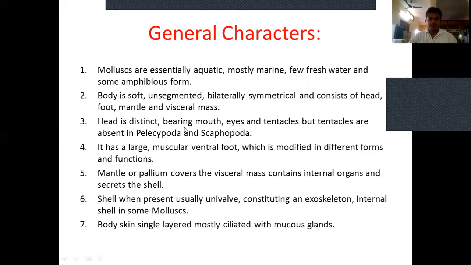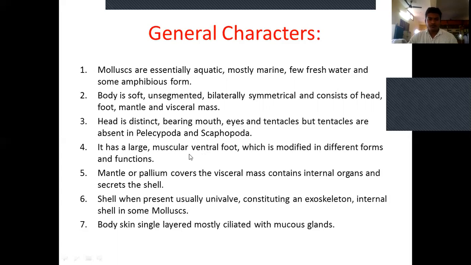Head is distinct, bearing mouth, eyes, and tentacles, but tentacles are absent in certain classes of Phylum Mollusca, that is Pelecypoda and Scaphopoda. The tentacles are mostly useful for sensing the prey in mollusks. It has a large muscular ventral foot which is modified in different forms and functions.